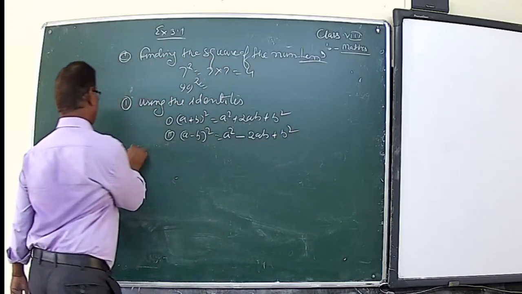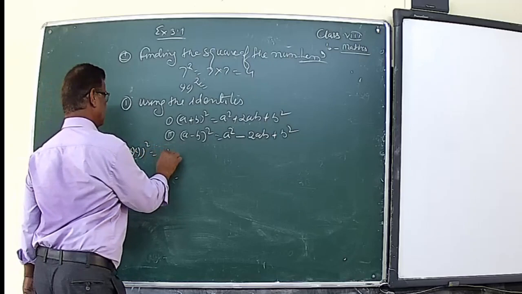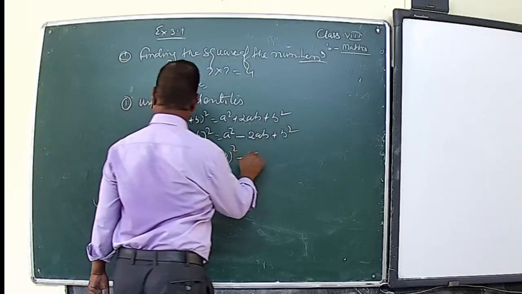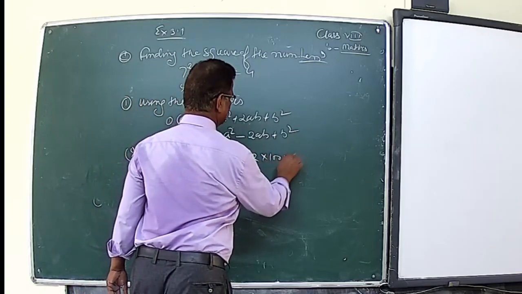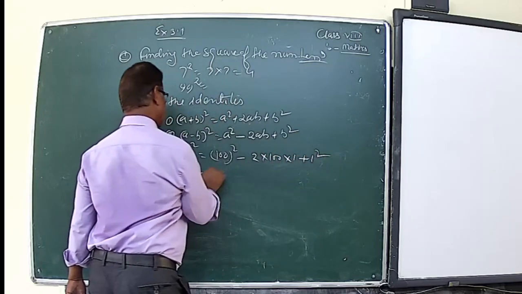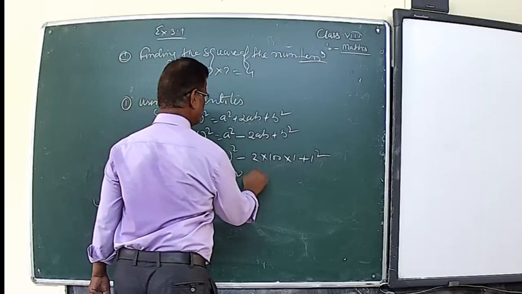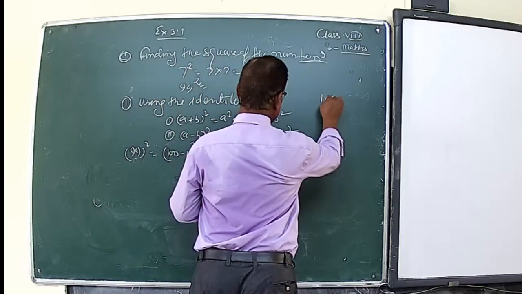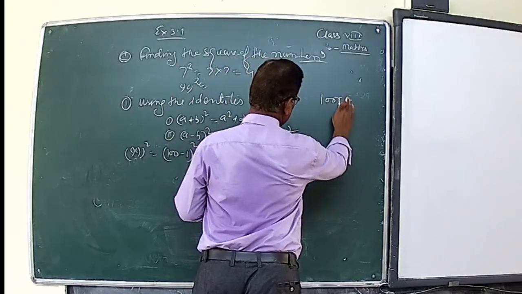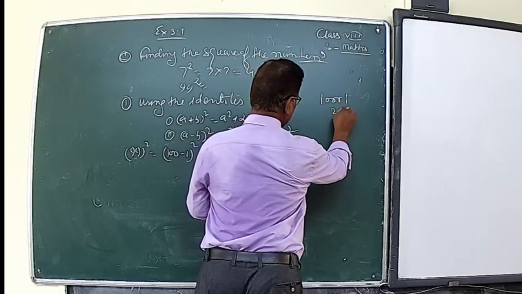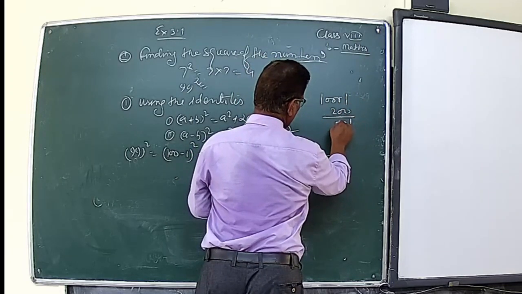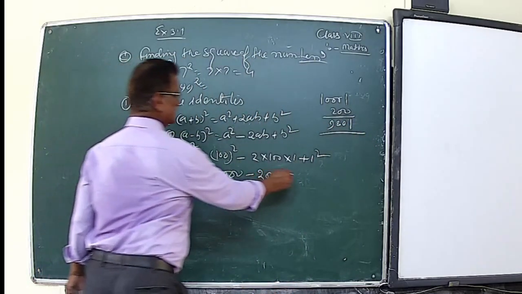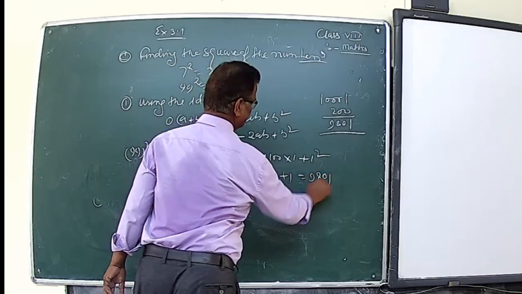For example, 99 whole square becomes 100 minus 1 whole square, which is equal to the square of the first term minus 2 into first into second plus the square of the second term: 10,000 minus 200 plus 1. Add: 10,000 plus 1 is 10,001, minus 200 is 9801. This is the square of 99.